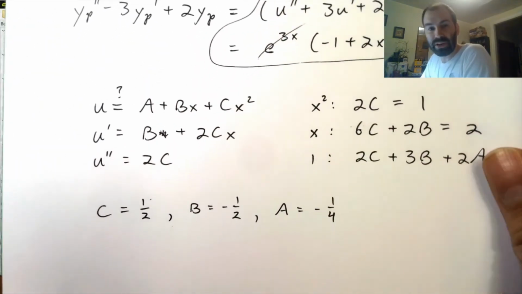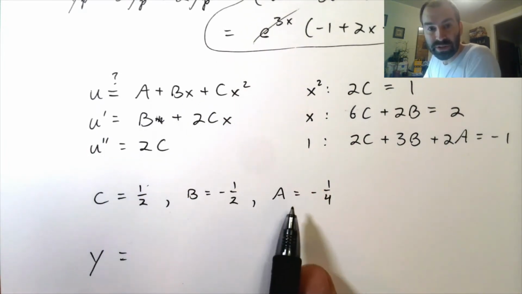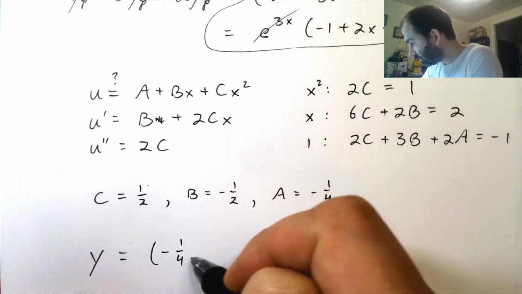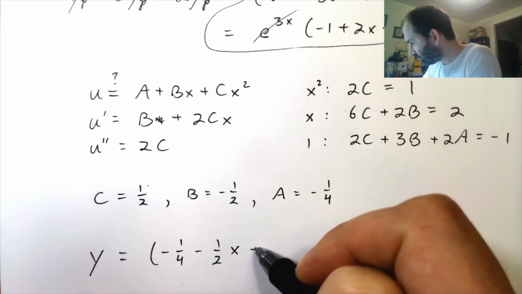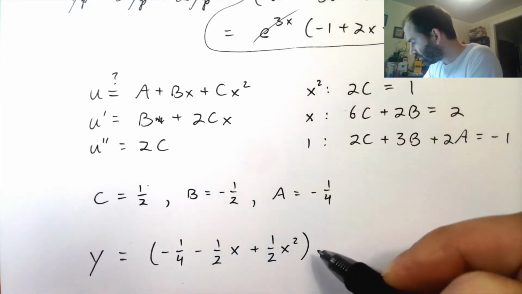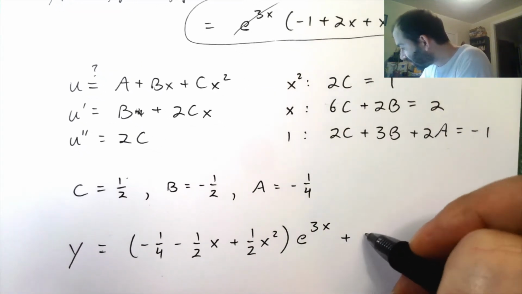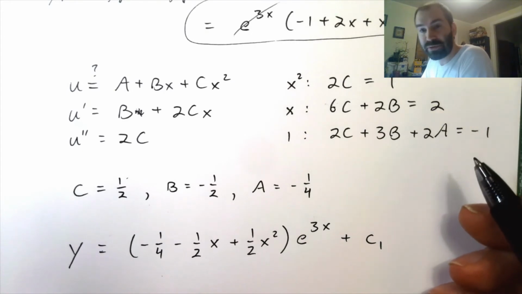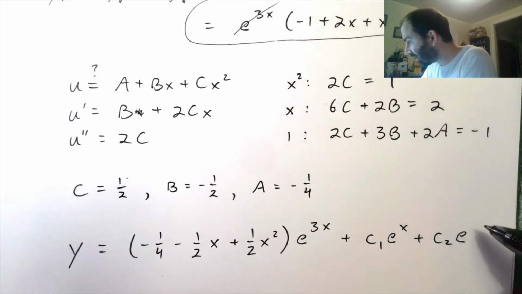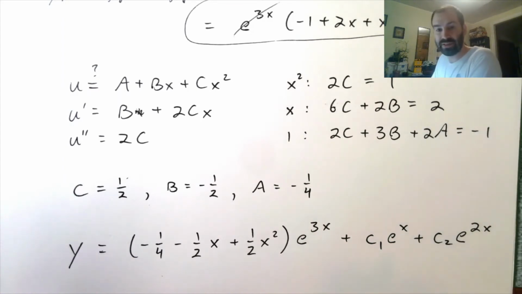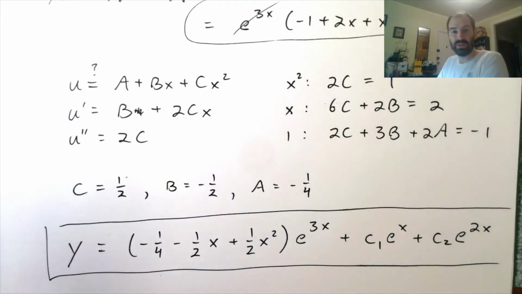I'm going to write down my particular solution, which is u with this stuff plugged in, times e to the 3x, that's my particular solution, plus c1 times my first complementary solution, e to the x, plus c2 times my second complementary solution, e to the 2x. And that is our general solution.